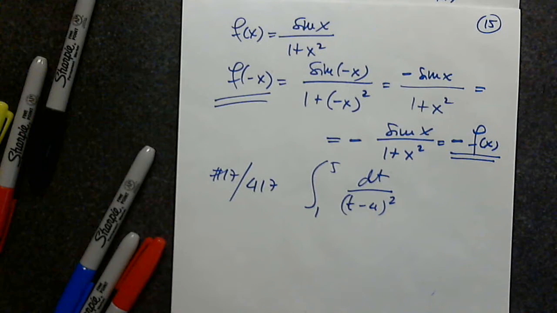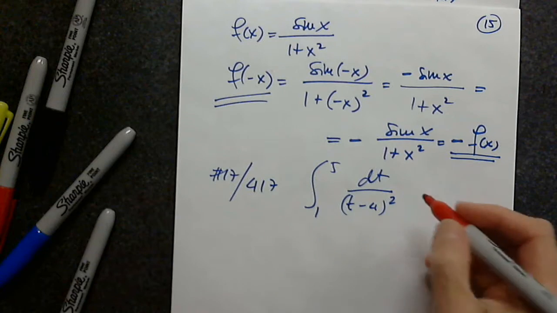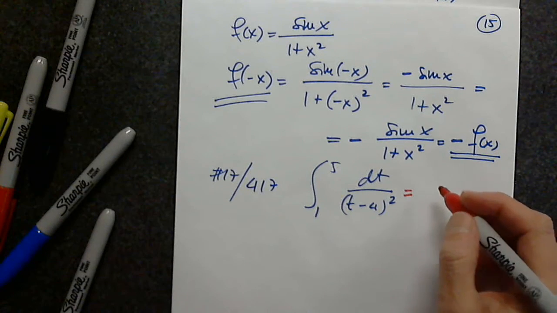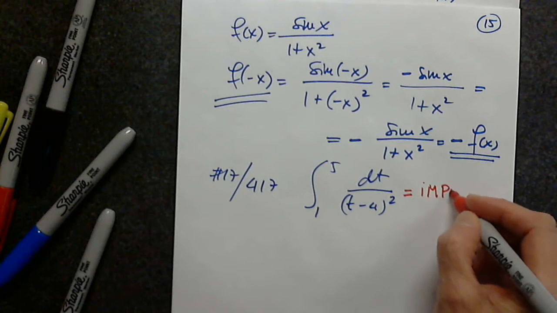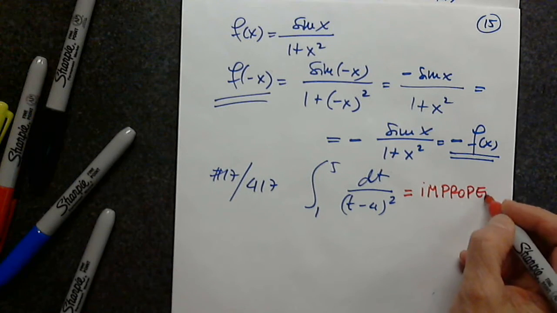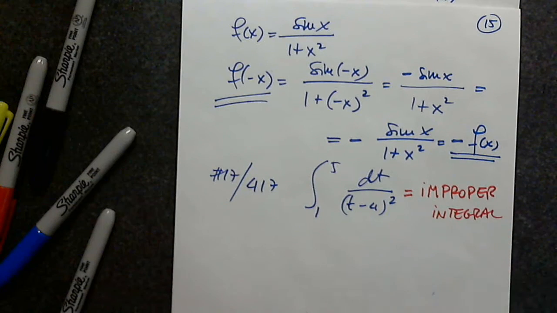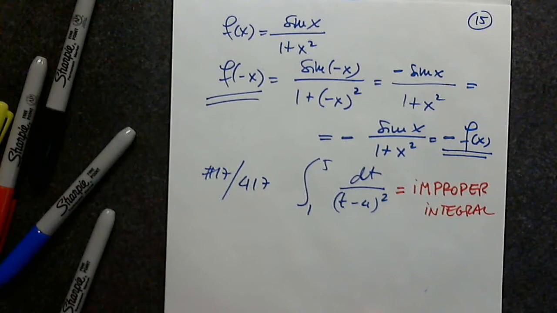So what can we do now? Why? Because 4 minus 4 is 0.